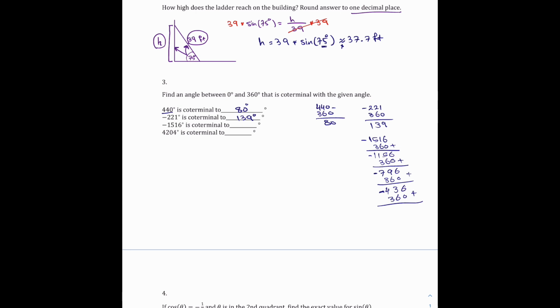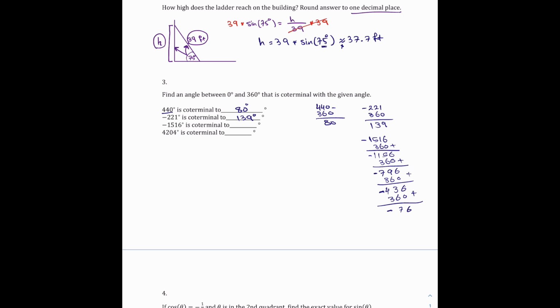We'll get negative, of course. 6 minus 0 is 6, 13 minus 6 is 7, and then 3 minus 3 is 0. So negative 76. So I'm going to add one more 360. And since this is negative and 360 is bigger, I'm going to write it backwards.